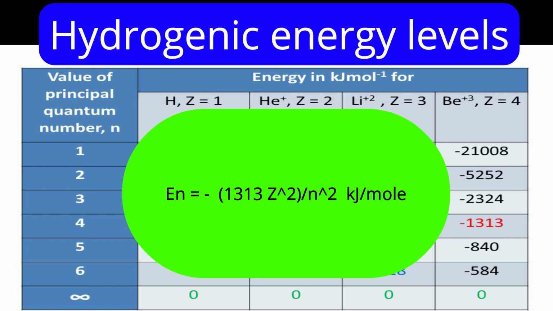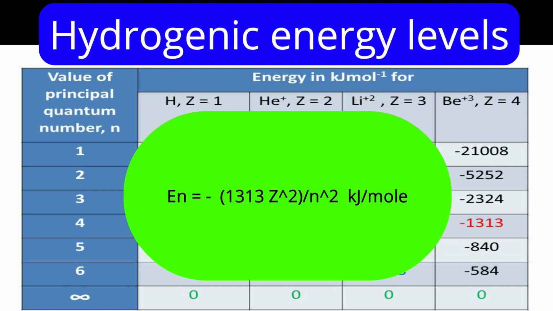Helium plus, it is a cation, atomic number is 2. Lithium plus 2, dipositive cation, atomic number is 3. Beryllium plus 3, tripositive cation, atomic number is 4. So from atomic number 1 to 4, we are doing variations.